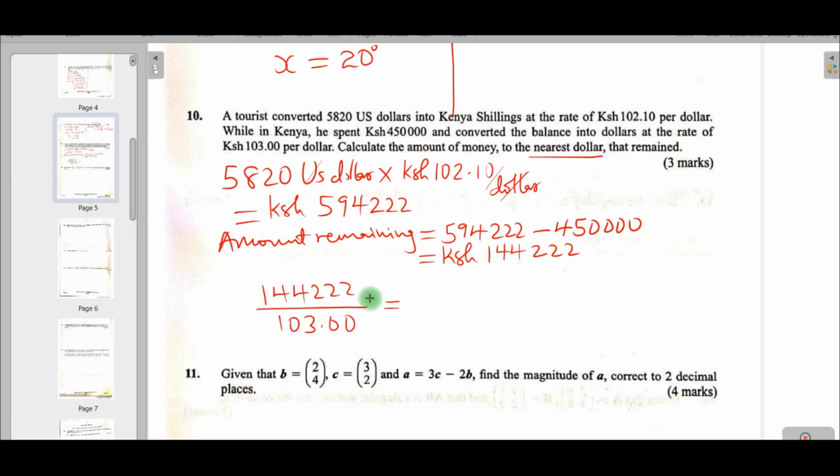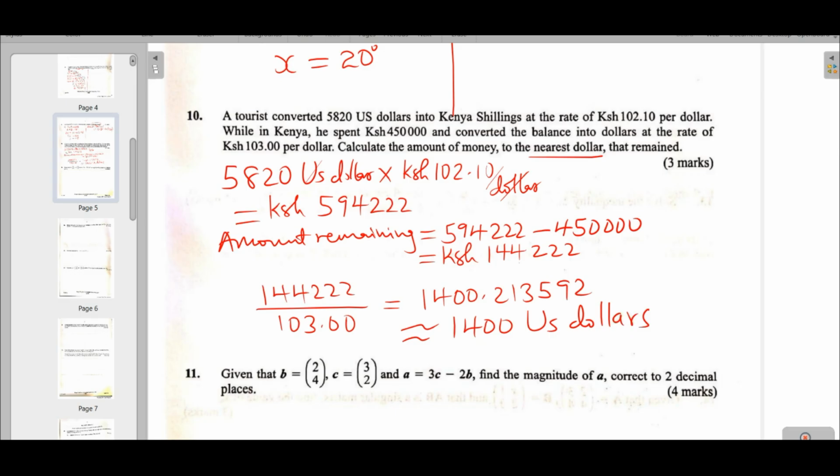You work this out, but the question requires the nearest dollar. So the nearest whole number will be 1,400 US dollars. So that's what actually remained and was converted to US dollars.